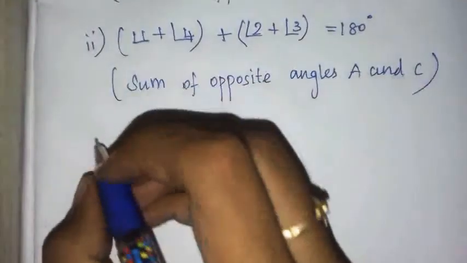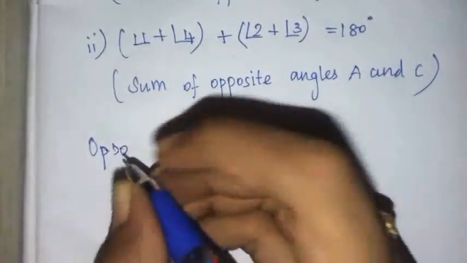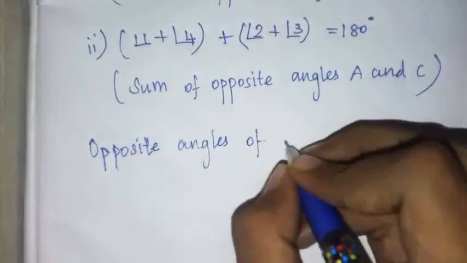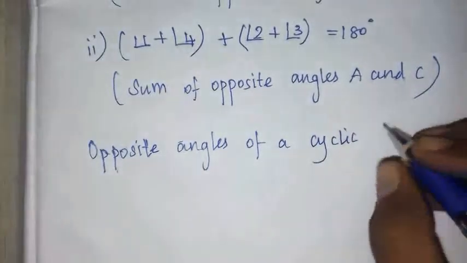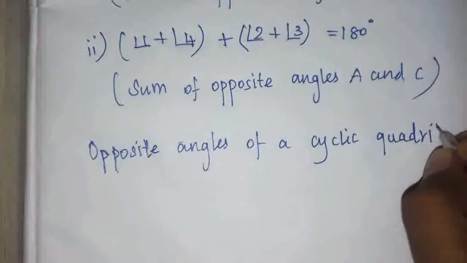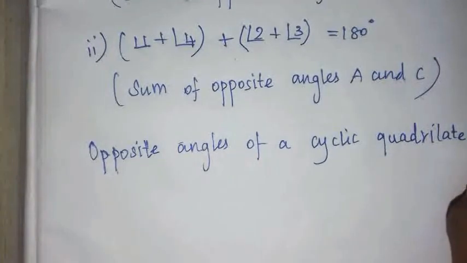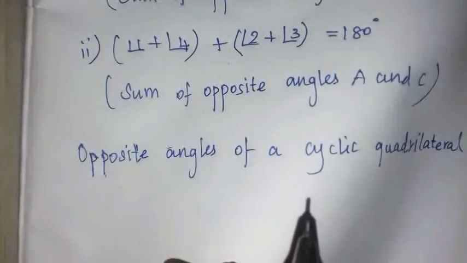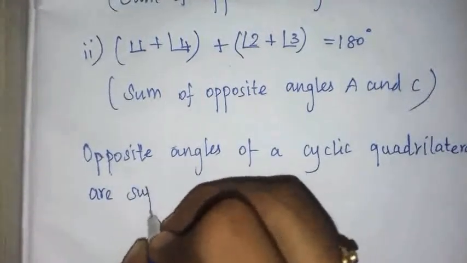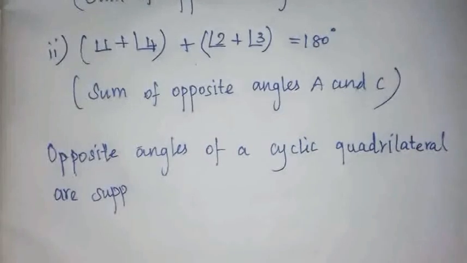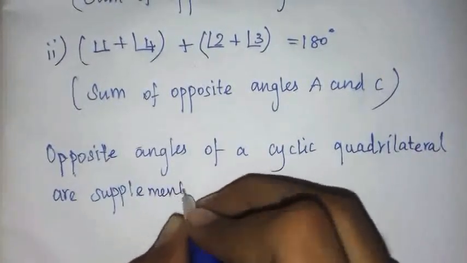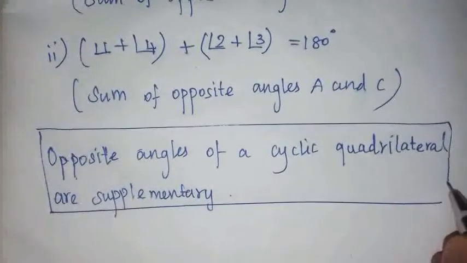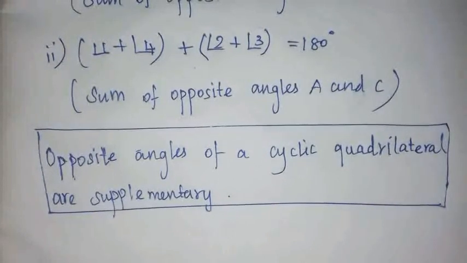What theorem have we seen now? Opposite angles of a cyclic quadrilateral are supplementary.